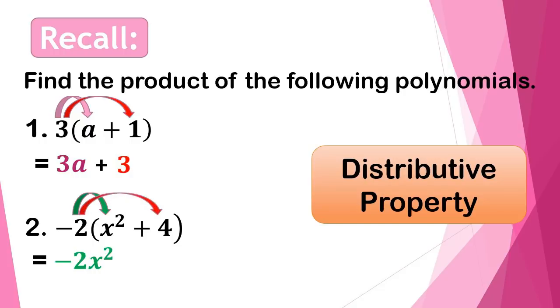Next, negative 2 times 4 is equal to negative 8. Since we multiply negative to positive, we need to use the negative sign. So, as you can see, we both use distributive property for number 1 and number 2.